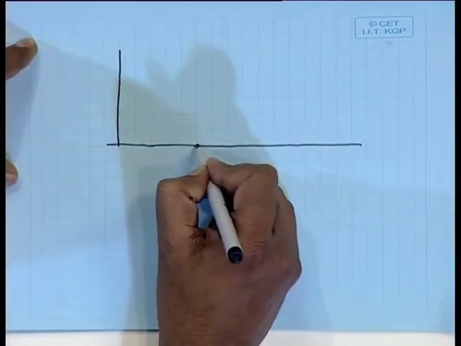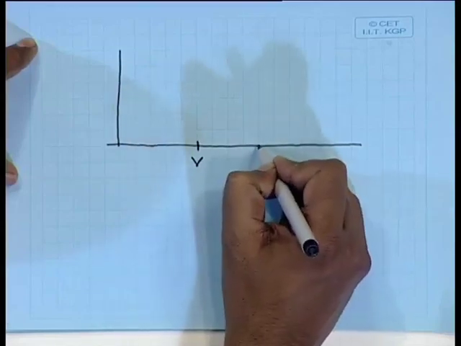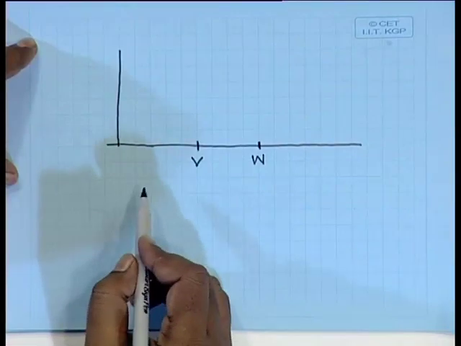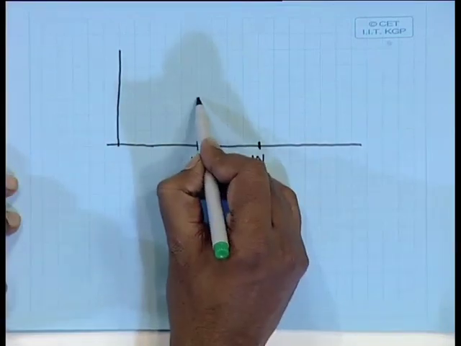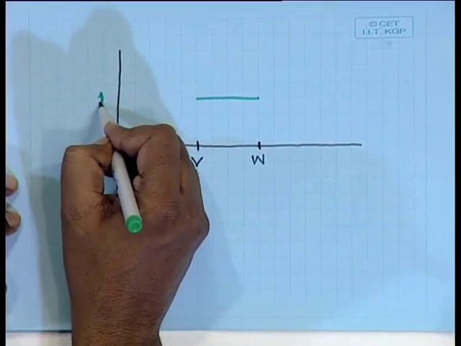So, let us say that this is where I have the mean point V, this is where I have the max point W. Within the mean point and max point, the membership value that will be computed has to be maximum, and that is equal to 1.